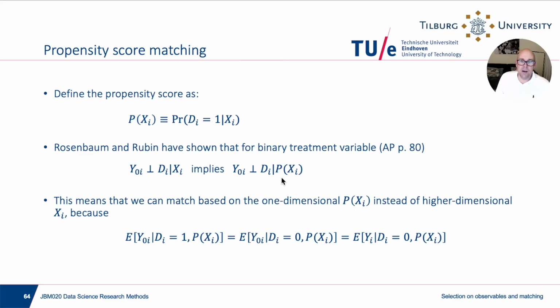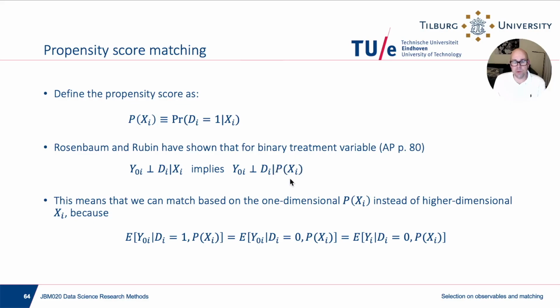In practical terms, if I have 3 schools in Project Star, and I know that the likelihood to end up in a small class is, say, 0.4 in the first school, 0.6 in the second and 0.6 in the third, then I can pool the data from the second and the third school together, because they will have a different x, but they will have the same p of x.